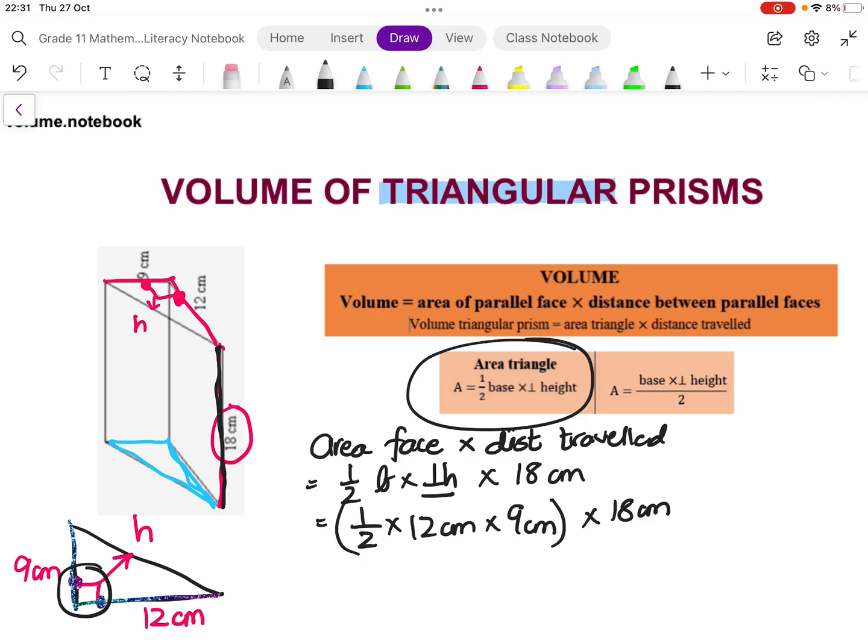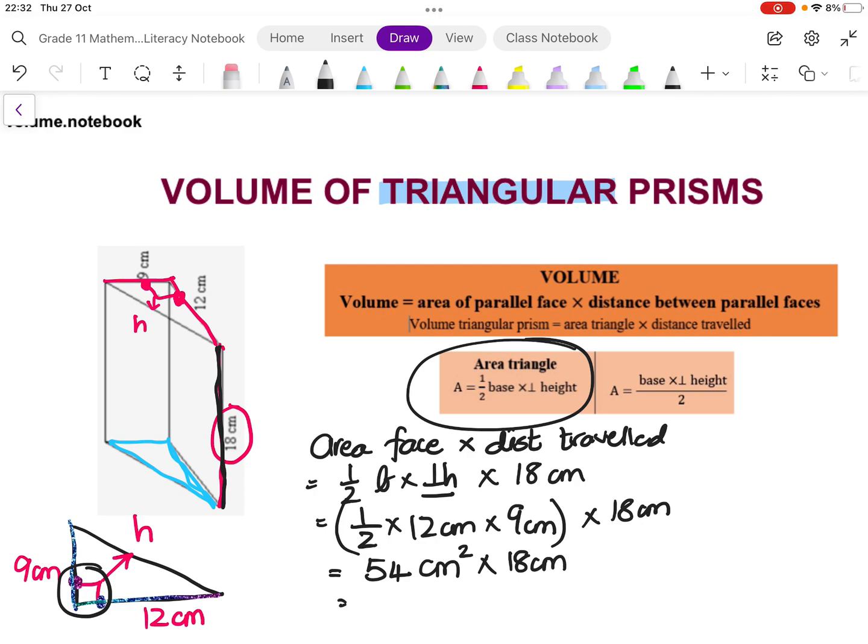Right, 12 nines are 108. So I'm going to have 108 divided by 2 or multiplied by half will give me 54. And remember, your triangle is a 2D shape. So the triangle is centimeters squared, 2D, but we don't put our D on, it is squared. And then I'm going to multiply by 18 centimeters.